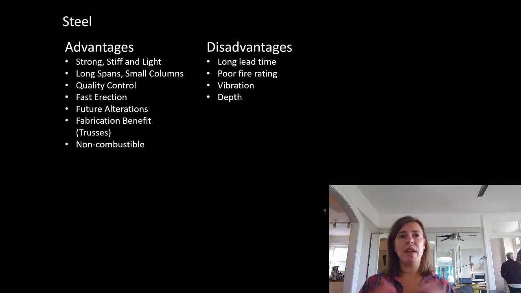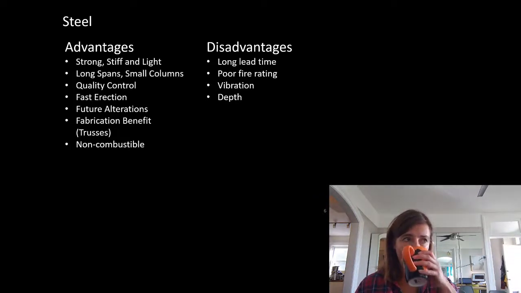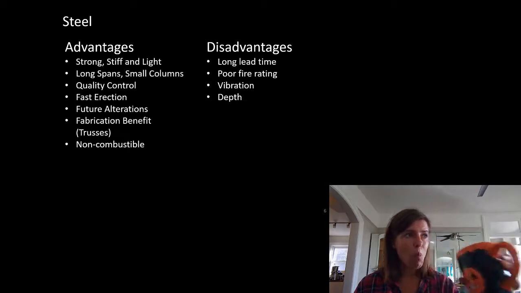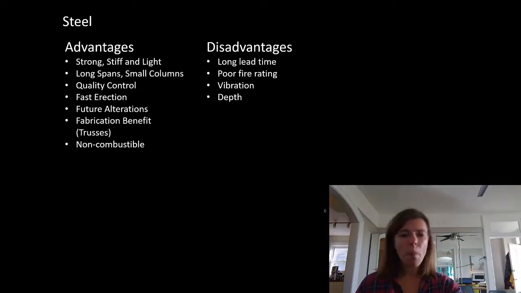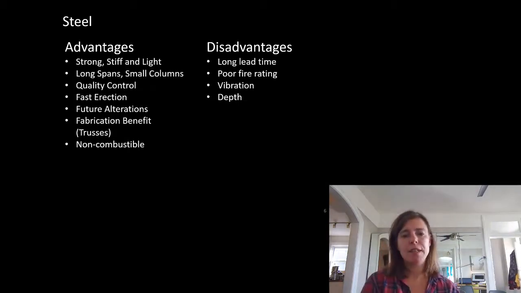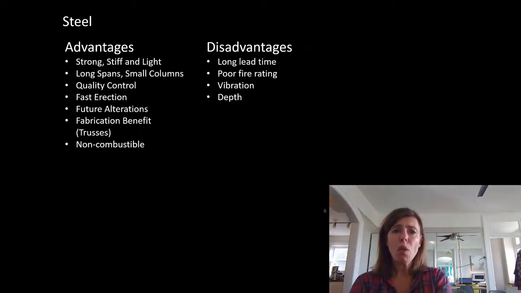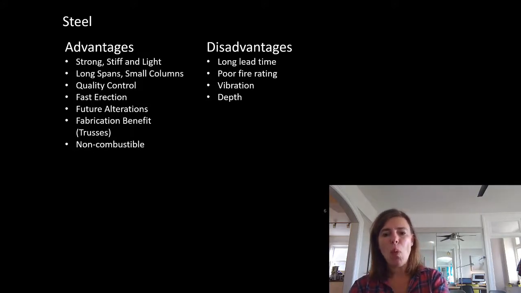So what are some of the advantages of steel construction? Well, it's strong and stiff and light. So that makes it an easy material to work with. Now again, I said steel is way heavier than concrete.